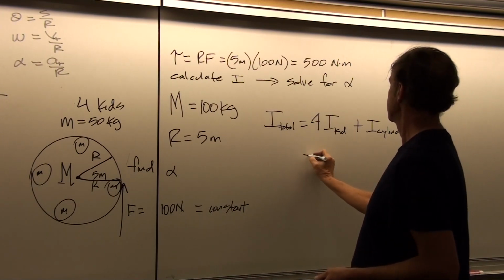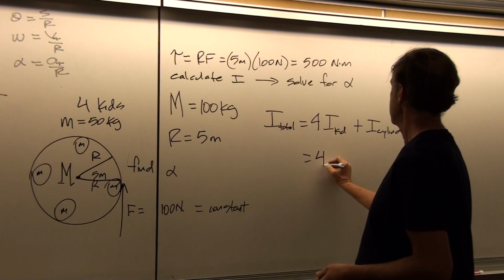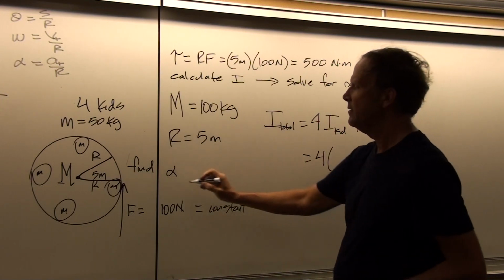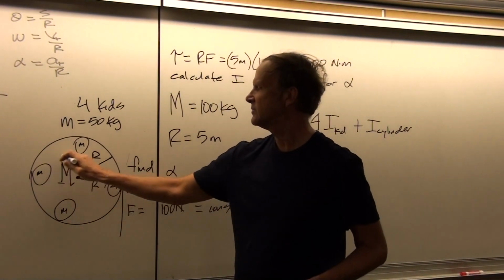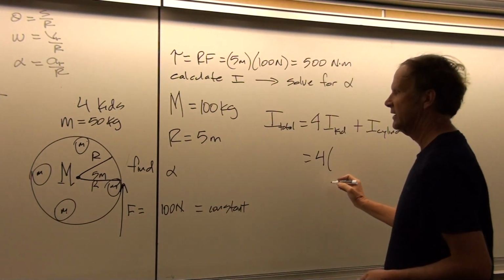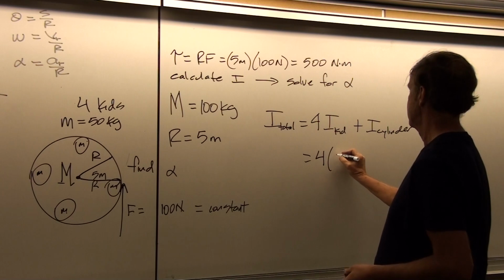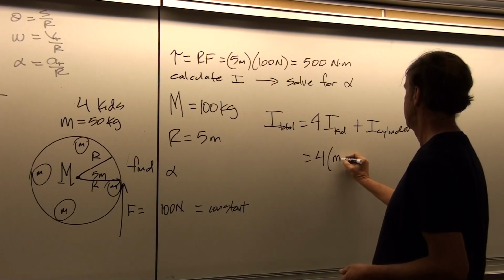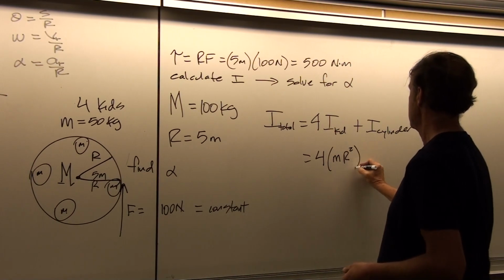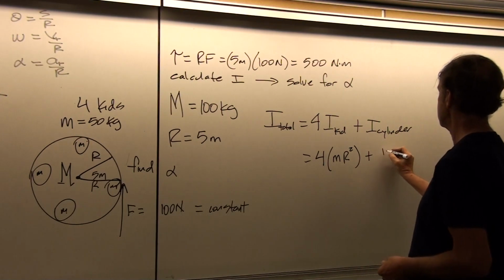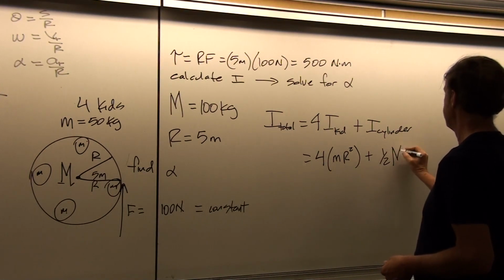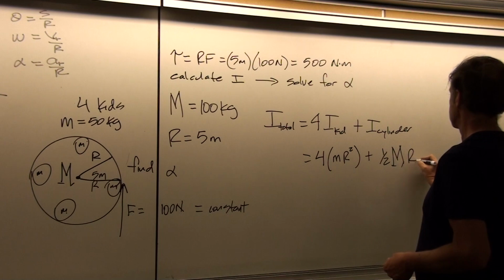And so this will be 4 times mr squared. We'll assume that each kid is a point mass at a distance of 5 meters from the center. So this is going to be little m r squared plus I cylinder, which is 1/2 big M r squared.